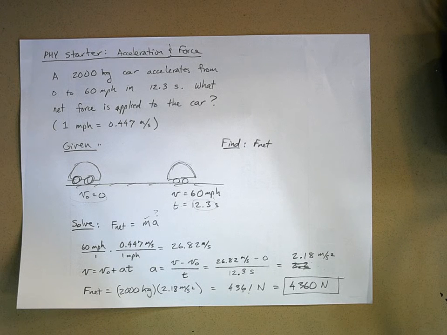I gave you the net force, you had to figure out the acceleration, and then solve a kinematics problem with that acceleration. But you can go the other way. I can give you kinematic information that allows you to solve for acceleration, which allows you to solve for the net force acting on the object. Any questions? That is all.